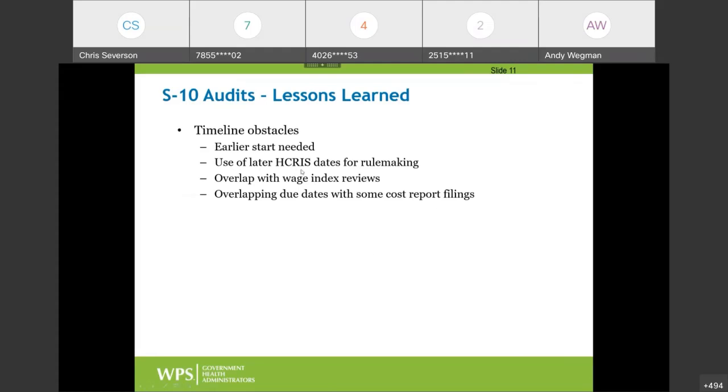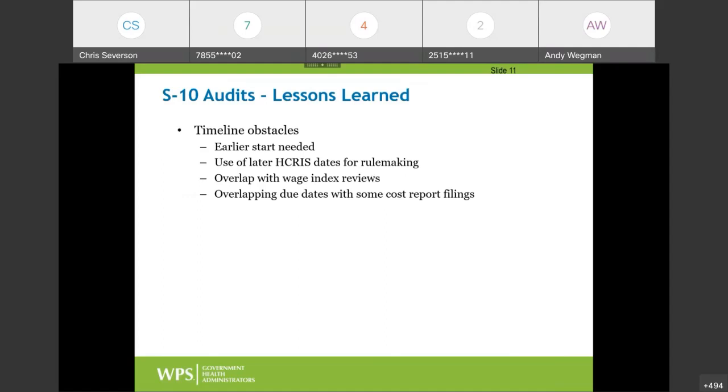CMS has told us what HCRIS states are being used for rulemaking, and they did extend that a little bit. For the proposed rule, they take the December run, which of course is not fully finalized necessarily. But for the final rule, they grab the March run. So if they come across any aberrances in the data, they can get back with us.